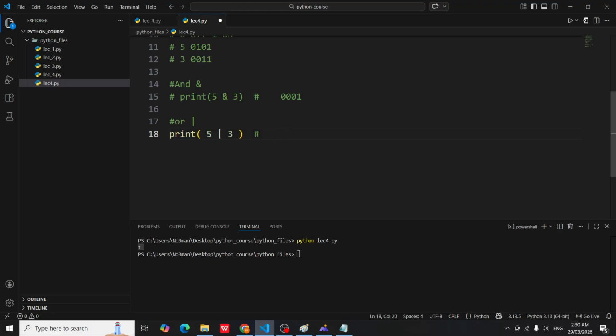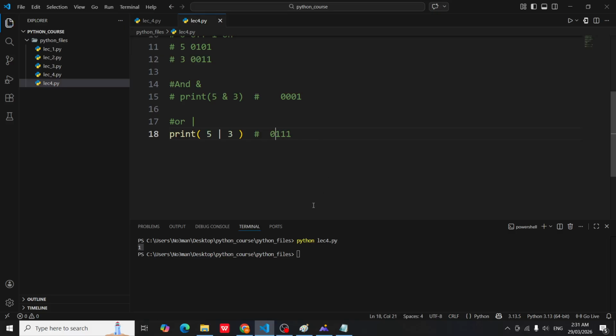So let's compare the first number, 1 and 1, so it will be 1. 0 and 1, it will be 1. 1 and 0, it will be 1 also. 0 and 0, it will be 0. That should be number 7.